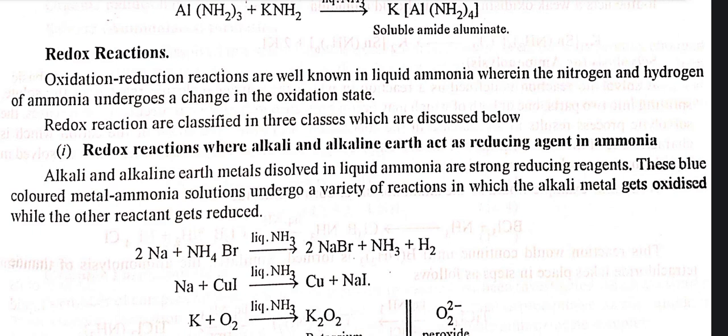First, redox reactions where alkali and alkaline earth metals act as reducing agents in ammonia. Alkali and alkaline earth metals dissolved in liquid ammonia are strong reducing reagents. These blue-colored metal-ammonia solutions undergo a variety of reactions in which the alkali metal gets oxidized while the other reactant gets reduced.